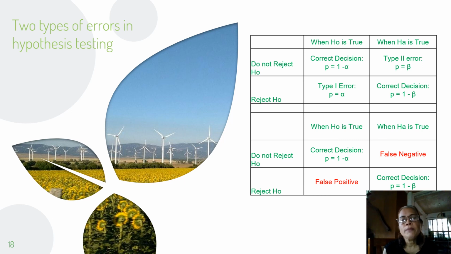Okay, the two types of error would be that we have the false positive and we have the false negative. Okay, so this we will understand as we go for hypothesis testing.